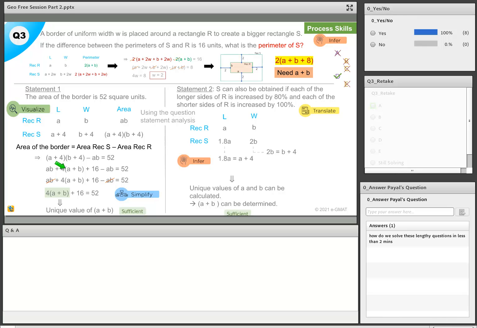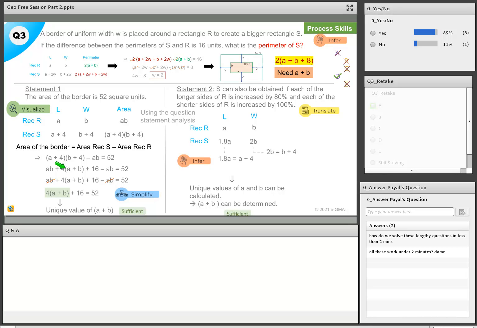There are those small things that, as you start putting those building blocks in place, you will start to see that no matter the difficulty level of the question, you will have that confidence, you will have that ability to solve those questions correctly and within the time constraint. So that's the power of building those process skills that I want you to understand.